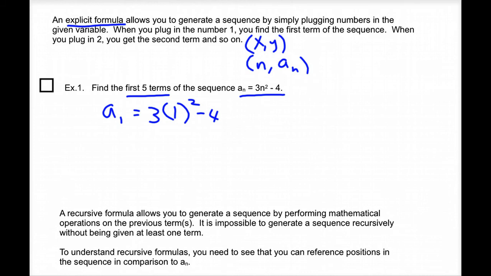I get 1 squared is 1, 3 times 1 is 3, minus 4, negative 1. Notice that n is the little number down here, the subscript. So if I want to find a sub 2, that's the second term, I plug in 2 for n. 2 squared is 4, 3 times 4 is 12, 12 minus 4 is 8.